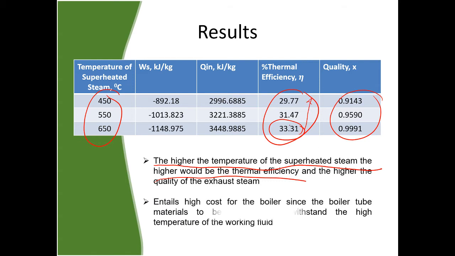Tapos, ano yung effect niya? If we have a higher temperature, mas high cost yung kailangan sa boiler kasi kailangan yung boiler tube materials are able to withstand the high temperature of the working fluid. So, maganda yung effect niya sa thermal efficiency pero kailangan mag-invest ka sa mas magandang boiler na withstand yung high temperatures.